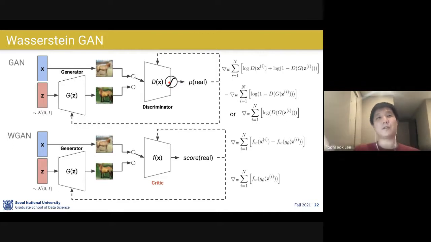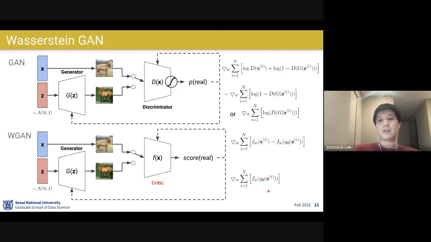It can be arbitrarily large values or arbitrarily small, negatively large values. And the generator is the same. In the GAN, they wanted to increase this value as much as possible to fool the discriminator.